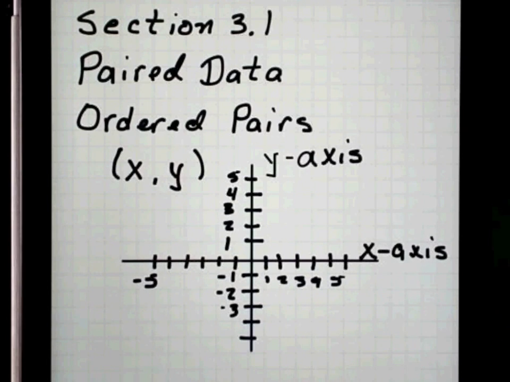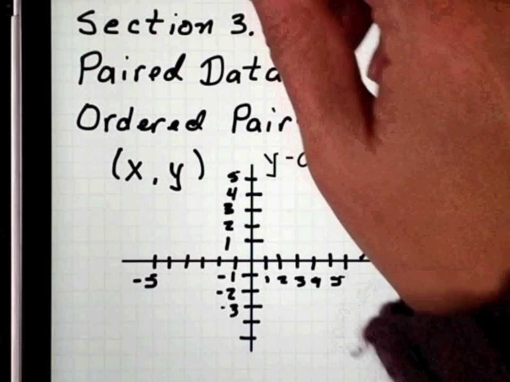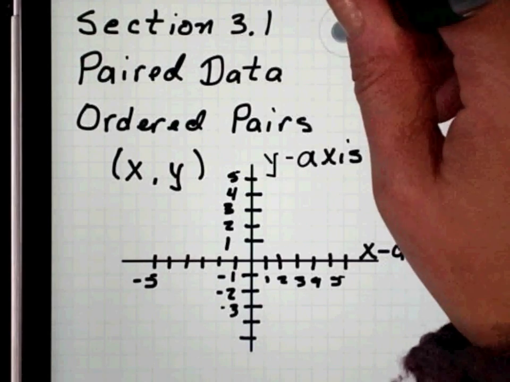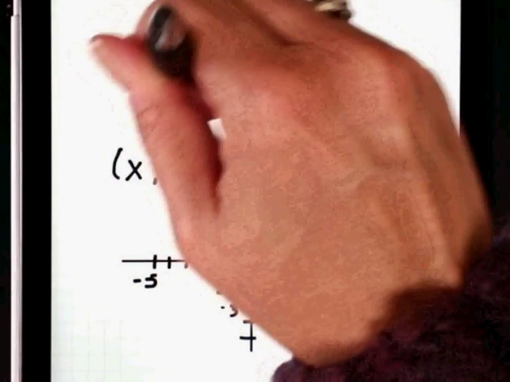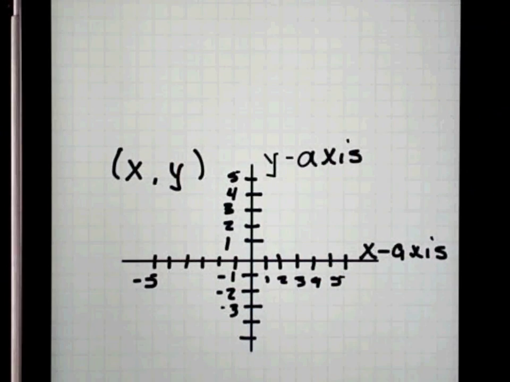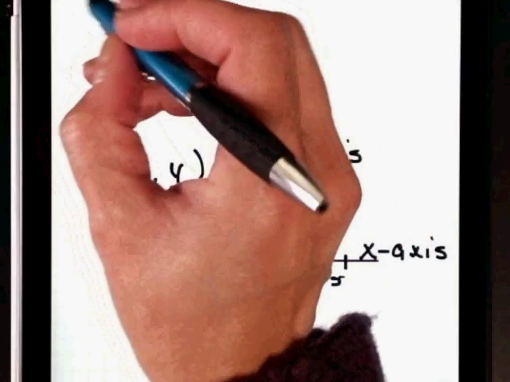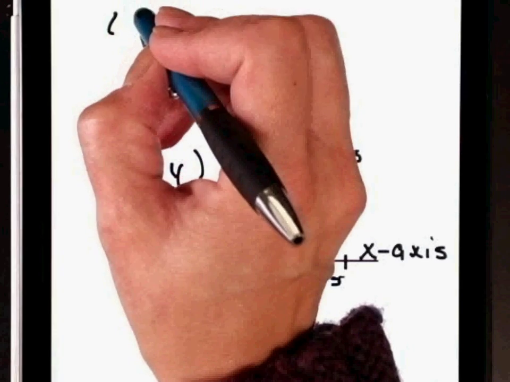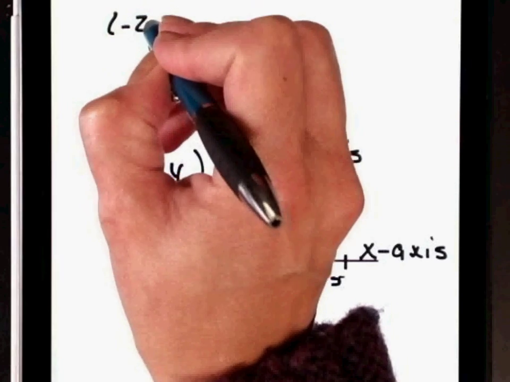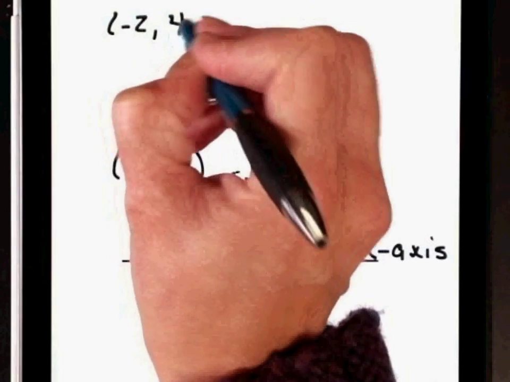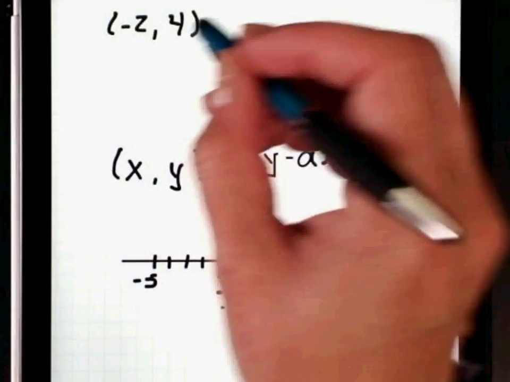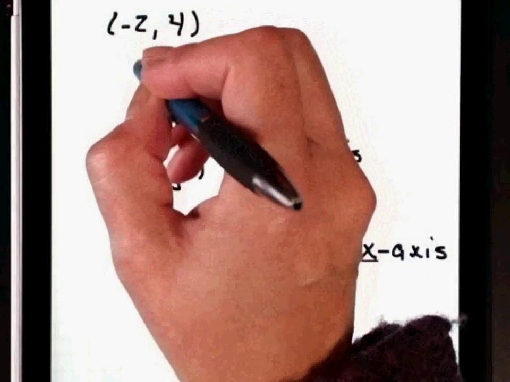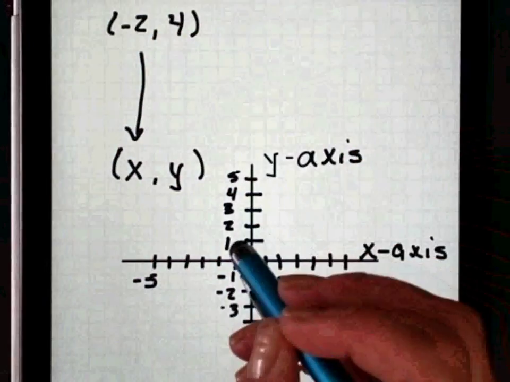So let's look at how we use ordered pairs to actually represent data on these. I'm going to erase some stuff that I don't need anymore. And I'm going to ask us to think about where the point (-2, 4) would be on this grid. Now, -2 corresponds with the x coordinate.